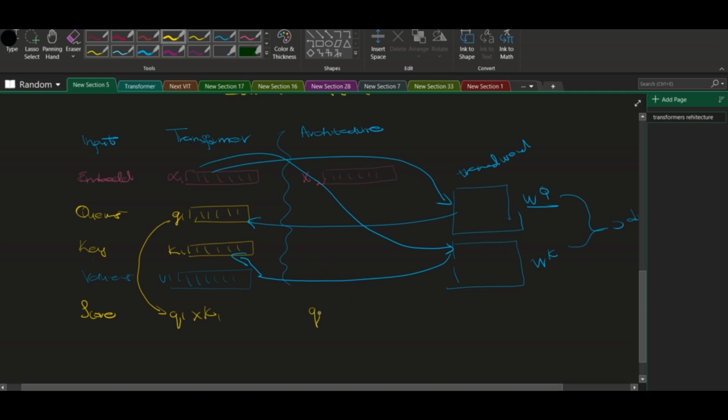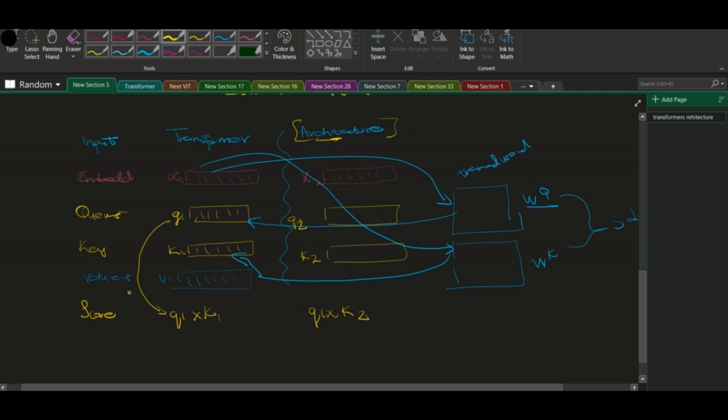We get q1, do a dot product, we attend to other weights. So the key for this weight is going to be k2. Let me just write this. So here you can think we have k2, because it's the key and query for this weight right here.